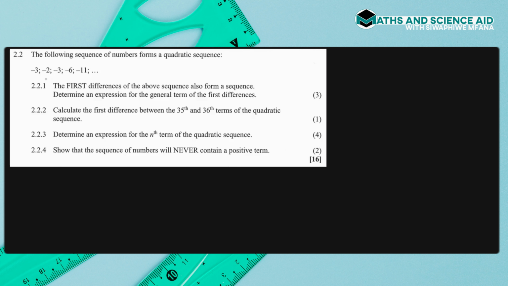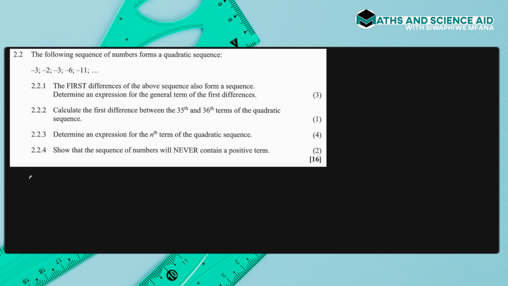In 2.2, we are told that the following sequence of numbers forms a quadratic sequence, and here they are. So 2.2.1 says the first difference of the above sequence also forms a sequence. So they say determine an expression for the general term of the first differences.